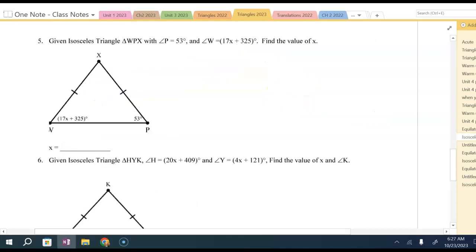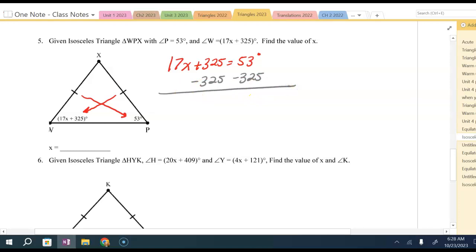Let's take a look at problem number 5. In number 5, if I draw these red arrows, those are the base angles, and base angles are equal. So the equation would be 17x plus 325 is equal to 53 degrees. I'll subtract 325 from both sides.